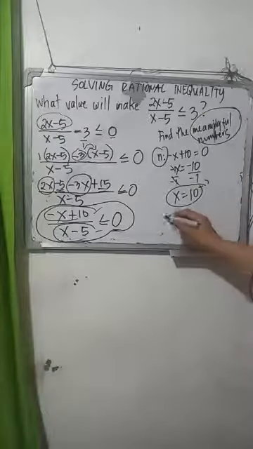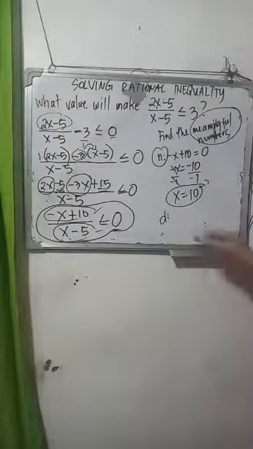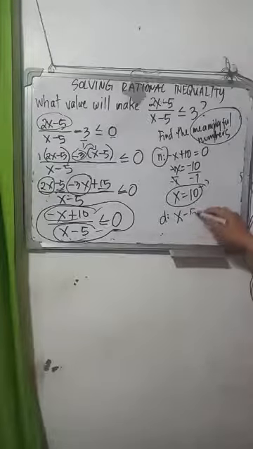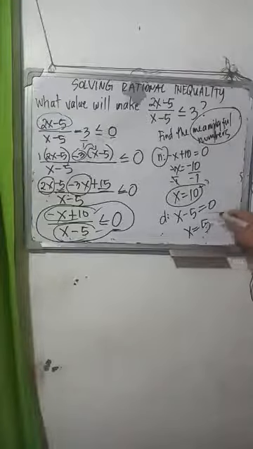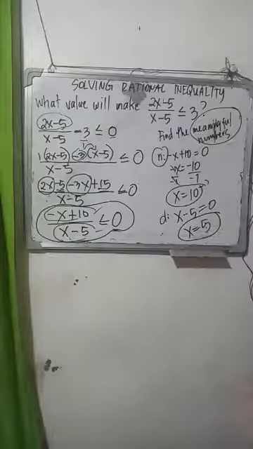How about denominator? Ang denominator natin is x minus 5 equal to 0. So x equals positive 5. Tandaan, the two meaningful numbers are positive 10 and positive 5.